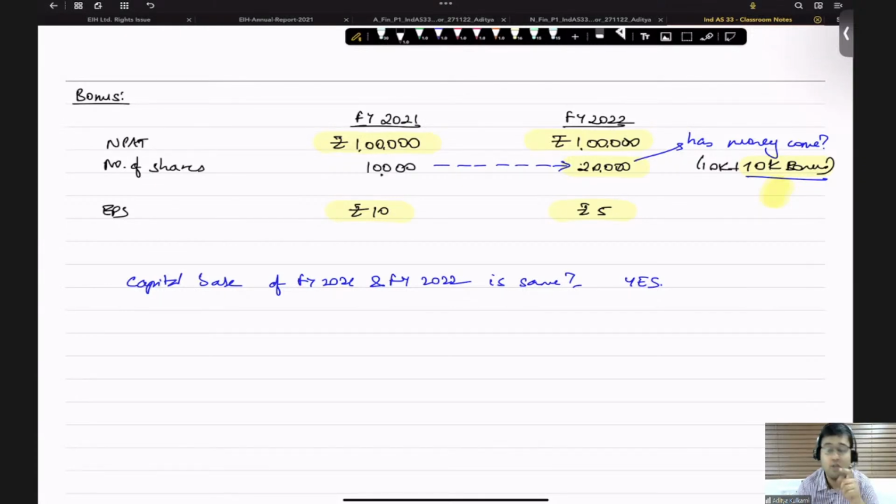Sir, kya kaha? You will have to restate the EPS of the previous reporting periods which are reported in the financial statements presented by you.